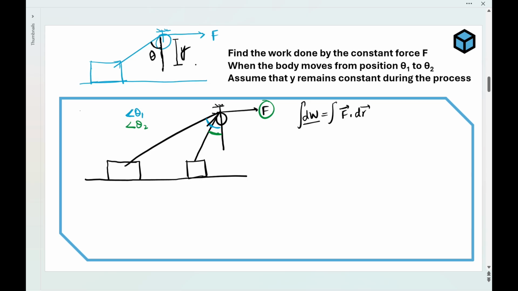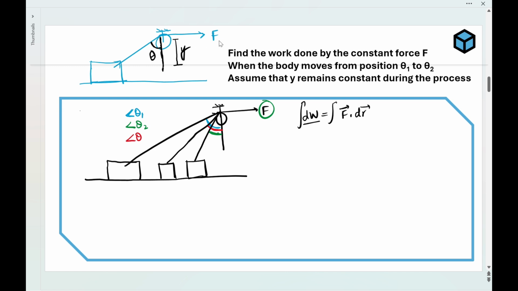So let's take an intermediate position. Let's say the position is theta and the angle is theta. Now here the body just moves somewhat forward.